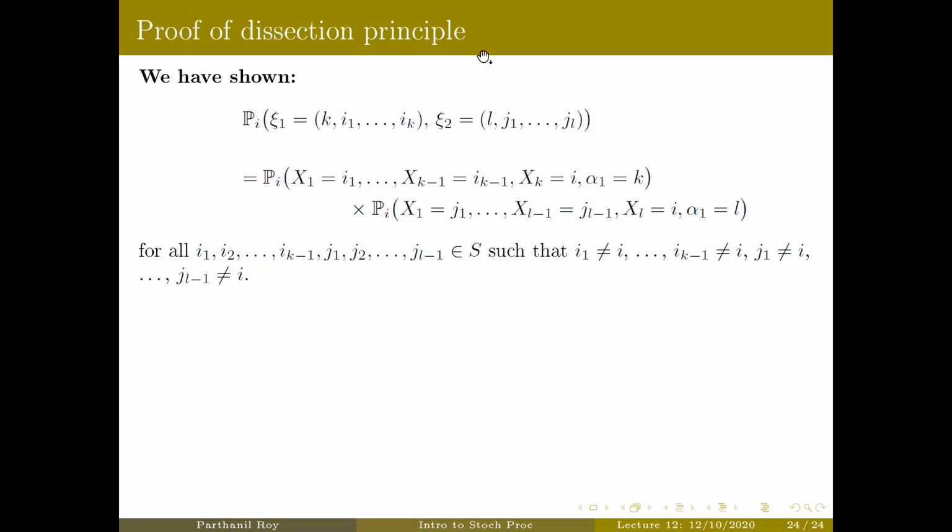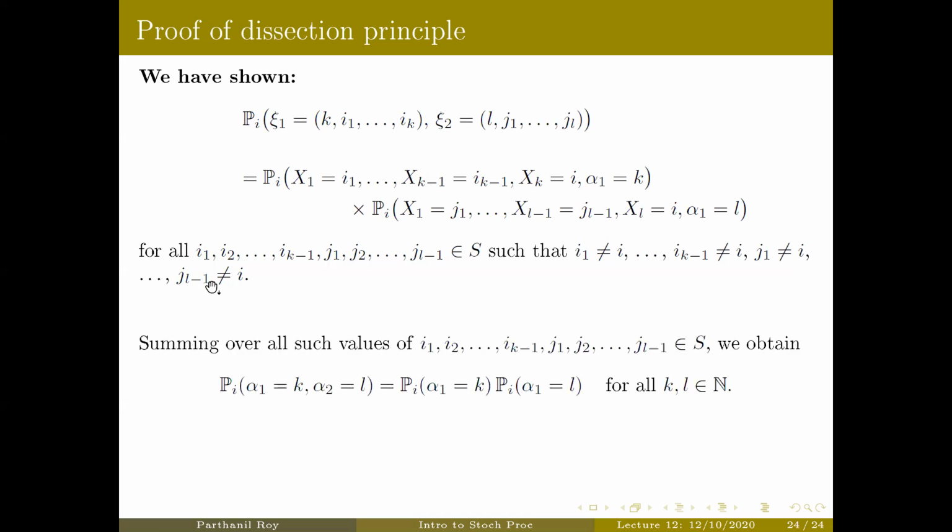Now, take the sum over all such values of I1 up to Ik minus 1 and J1 up to JL minus 1 in S. Sum over all such values. So basically you are summing over all states in S except I here.